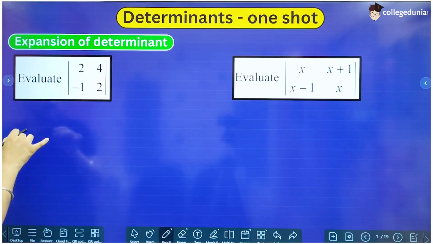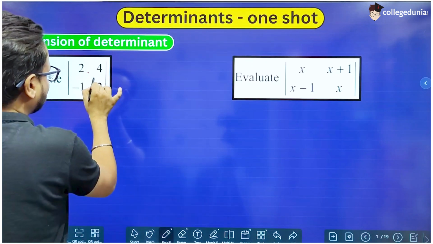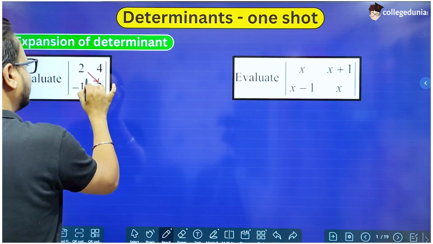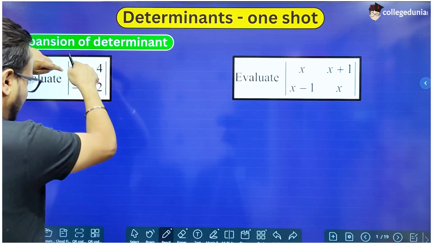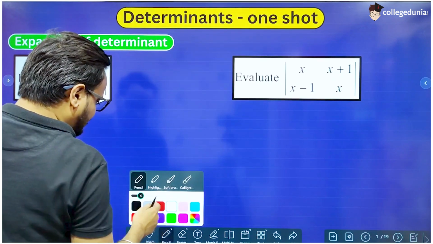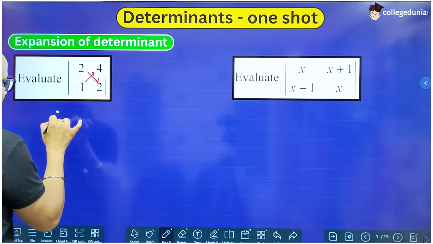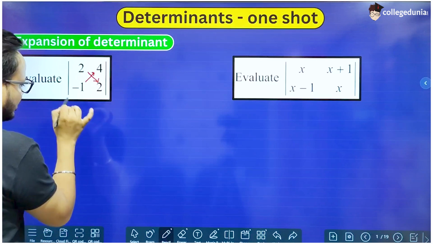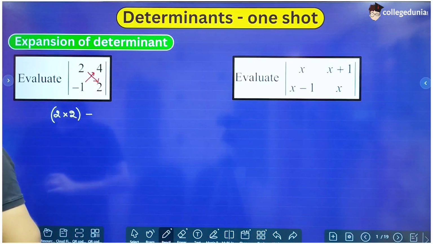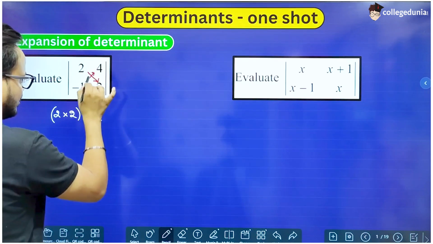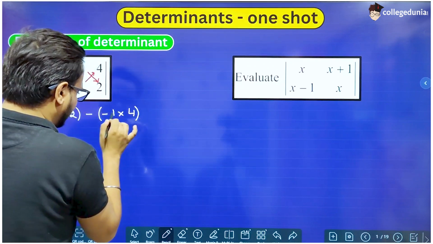Let's expand this. To expand a determinant of order 2 by 2, we will simply multiply these two elements and these two elements, and we will subtract this product from this product, right? We all know that this is the main diagonal. So multiply the elements of the main diagonal, that is 2 into 2, and subtract the product of the elements on the other diagonal.